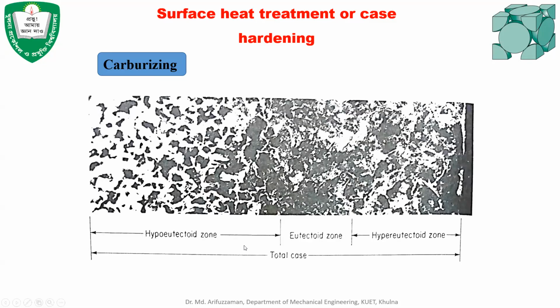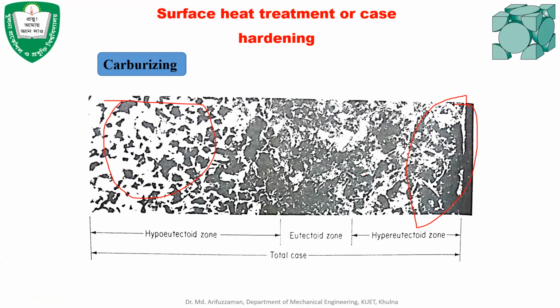This is one of the surface carburized steels. That means the surface has been carburized. If you look carefully, it is a low carbon steel, which contains a very small amount of carbon. This is the inner side of the specimen, and this is the surface of the specimen.